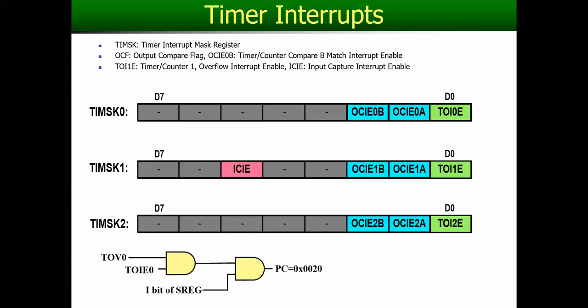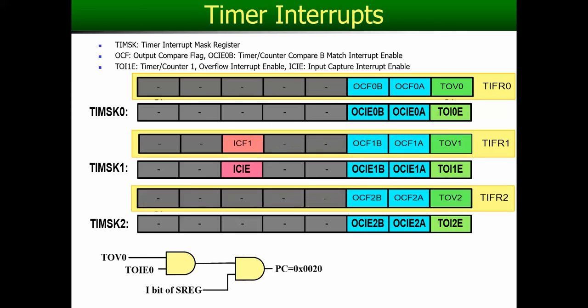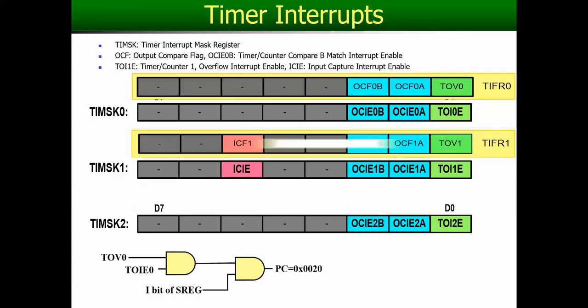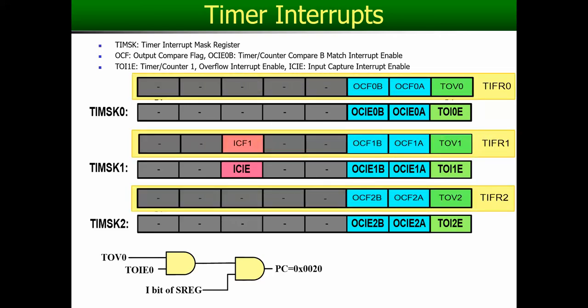Okay, so similarly there are 2 interrupt flags for that. Let's see some example code on that. And then you have to remember where the overflow flag was. It was in the TIFR. You should remember this from the previous chapter. TIFR 0 had this, TIFR 1 had this, TIFR 2 had this.